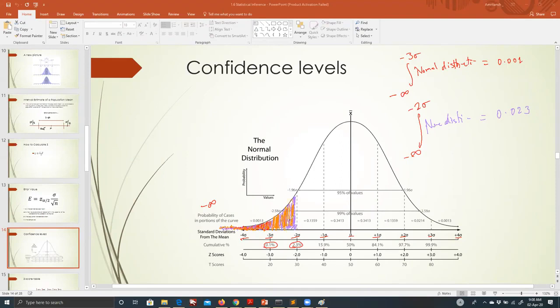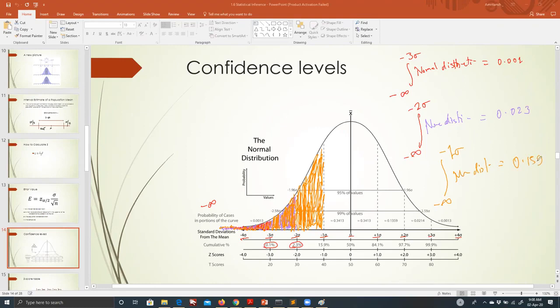And of course, it overlaps the previous one; it doesn't mean that we are excluding the previous ones. So from negative infinity to negative 1 sigma for a normal distribution, that will give you 0.159.